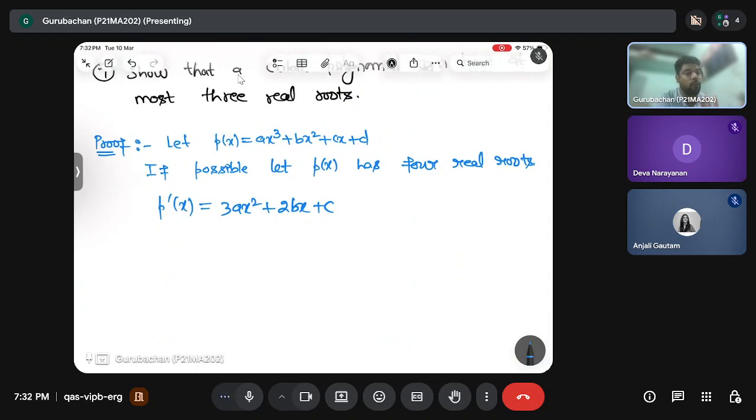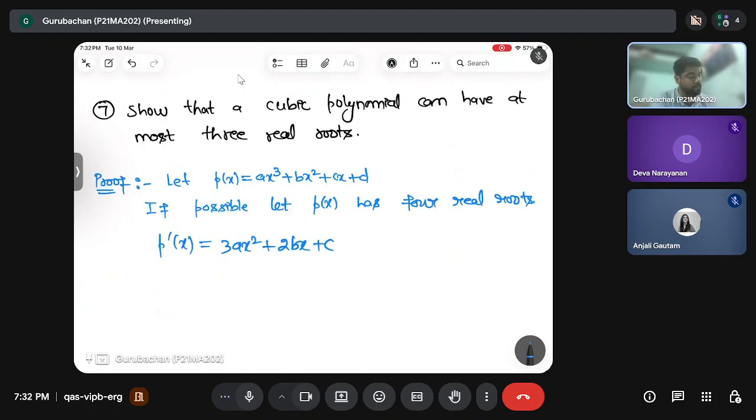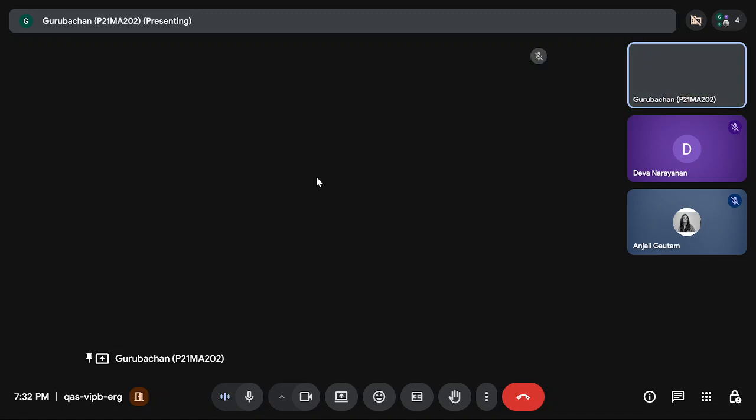So here there are four distinct zeros. Can we say that by Rolle's theorem P dash has three zeros? Now you know that this is a quadratic polynomial, and a quadratic polynomial can have at most two zeros.